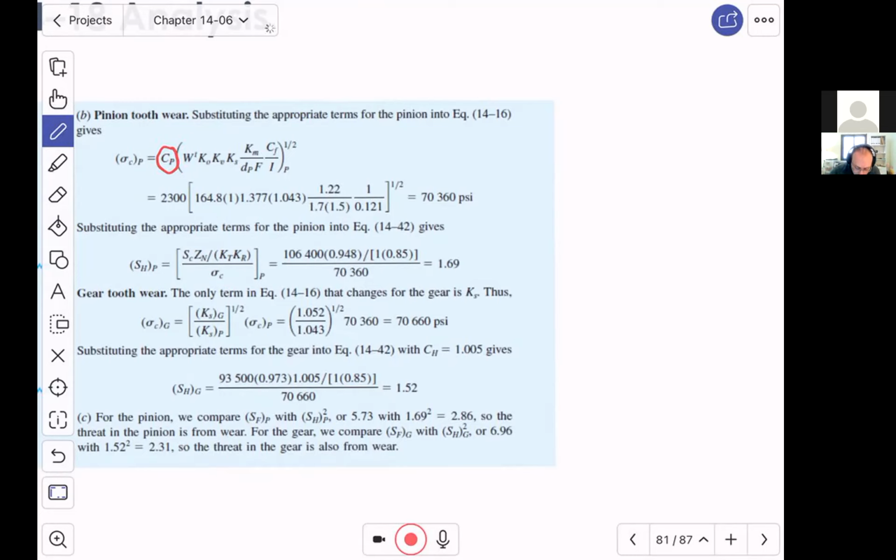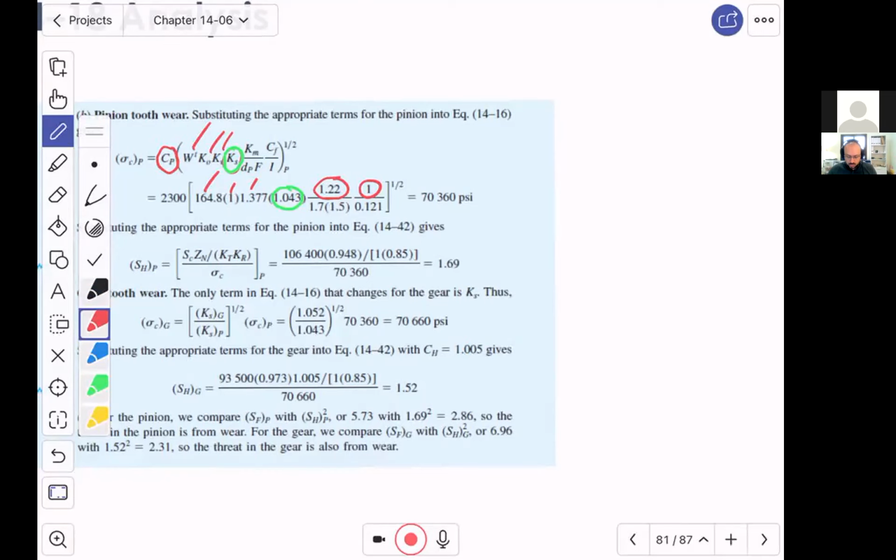WT is the same, right? K0 is the same as what we did before. KV is the same, but here I am going to use KS in green for the pinion. KM is the same for both. CF is the same. We don't actually have a quantification measure or way to know what CF is.